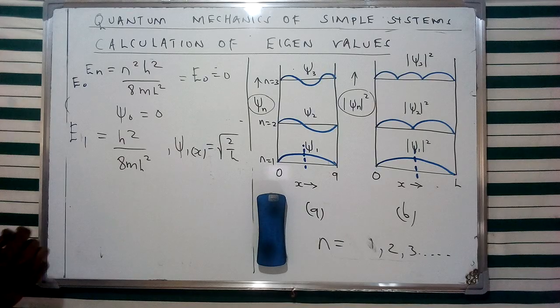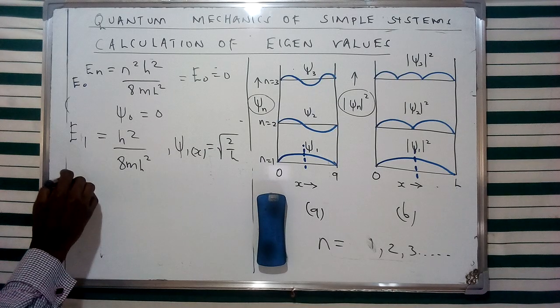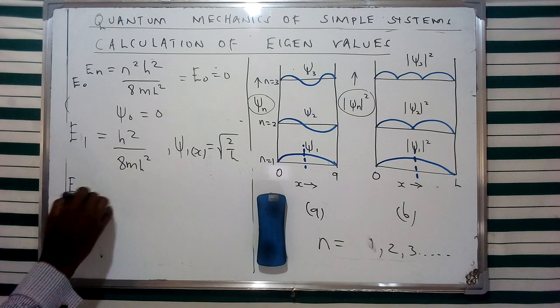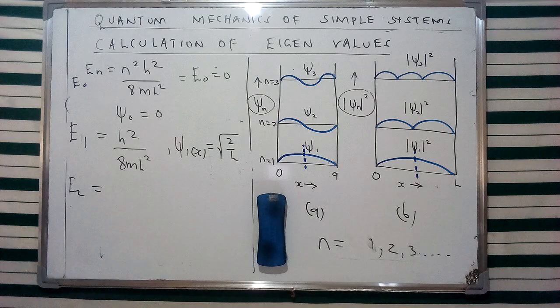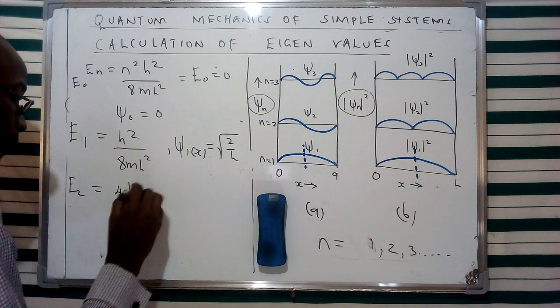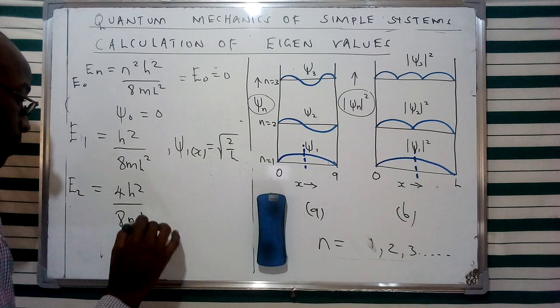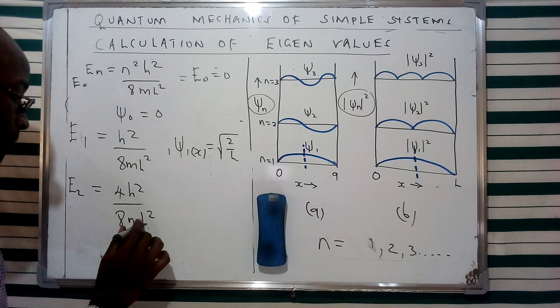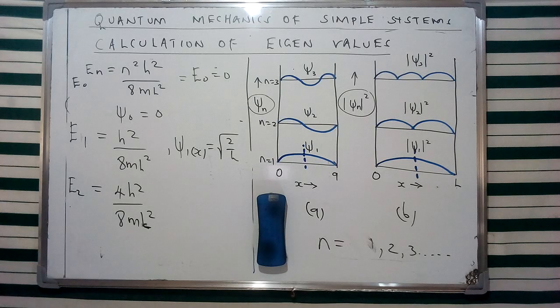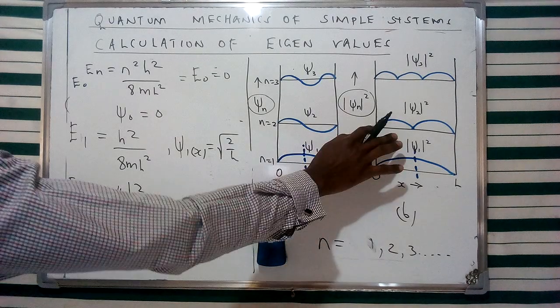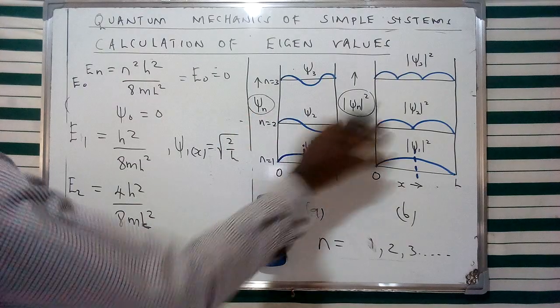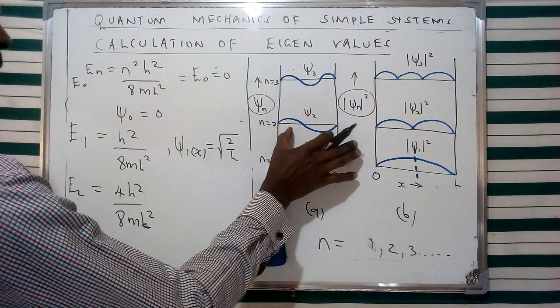So next I'm going to consider a case whereby n is equivalent to 2. Now for n equivalent to 2, I'm going to have this one represented in terms of 4h squared over 8mL squared. And this is a substitution for this value of n, and therefore the eigenvalue in this particular case is going to be given for the square of the wave function and the wave function given in this specific wave.